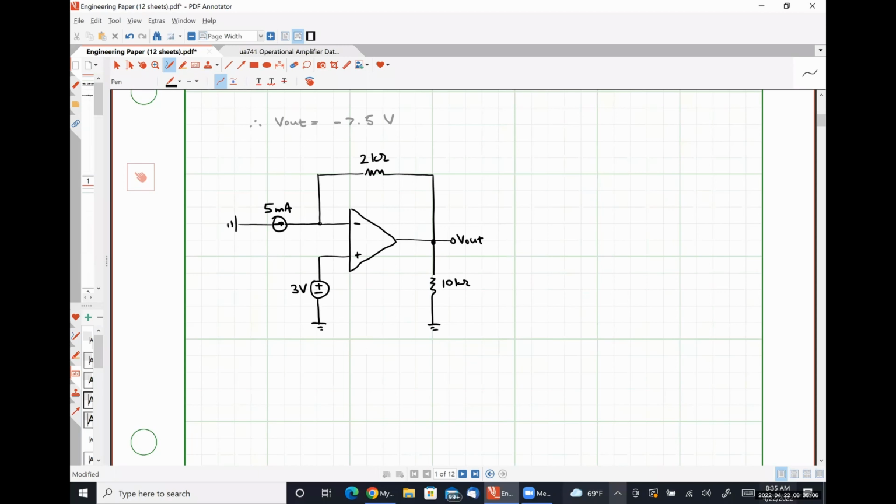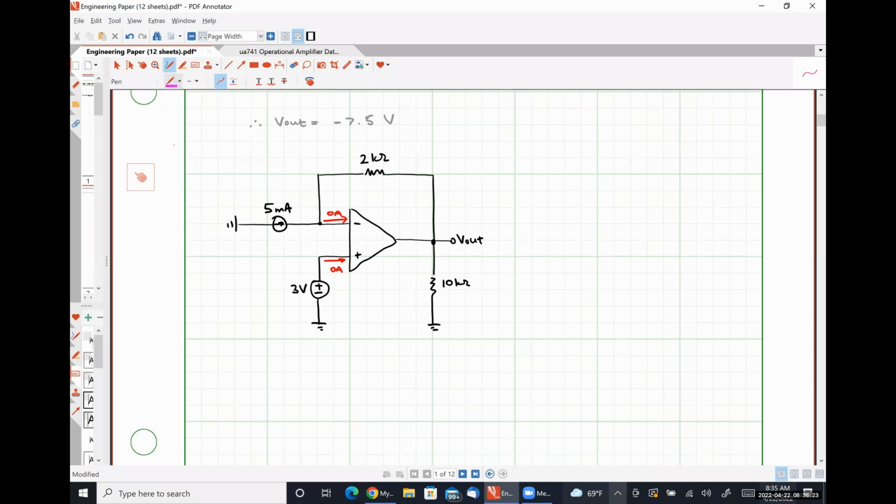Okay. So step 1 was to apply op amp rule number 1. So we know that this current is 0 amps and this current is 0 amps.